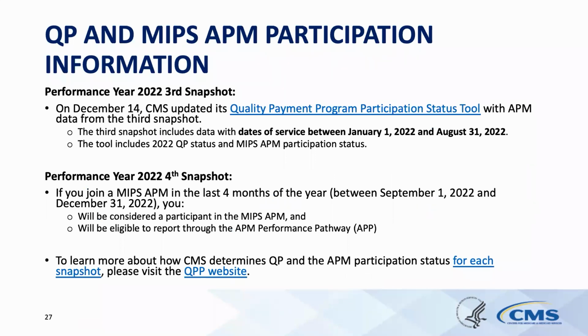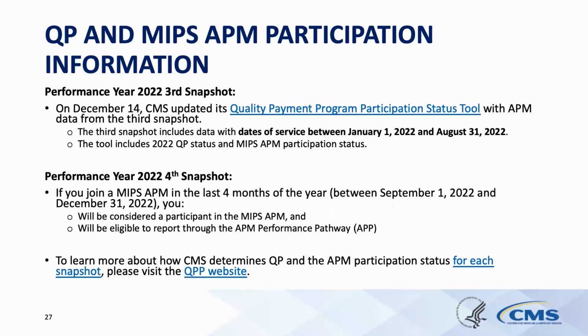So for performance year 2022, for the third snapshot on December 14th, we updated the QPP participation status tool with APM data from the third snapshot. This includes data with dates of service between January 1st through August 31st, 2022. And the tool includes QP status and MIPS APM participation status.